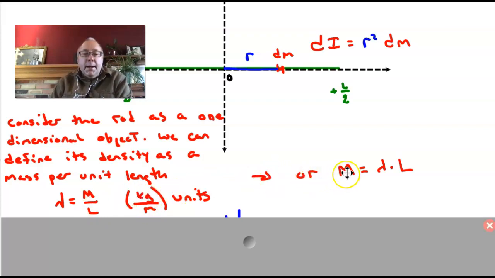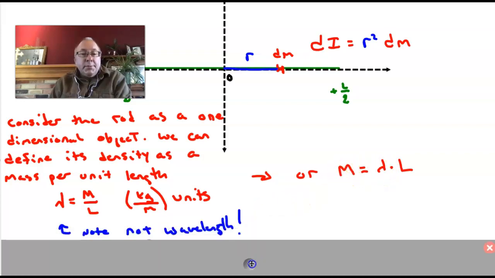Or you could express the M as lambda times L, right? So you'd have kilograms per meter times meters, and any little portion of that stick, if you multiplied it by that, you would know, so 40 centimeters or 0.4 meters multiplied by that density, you would know what the mass of 40 centimeters of the stick was.